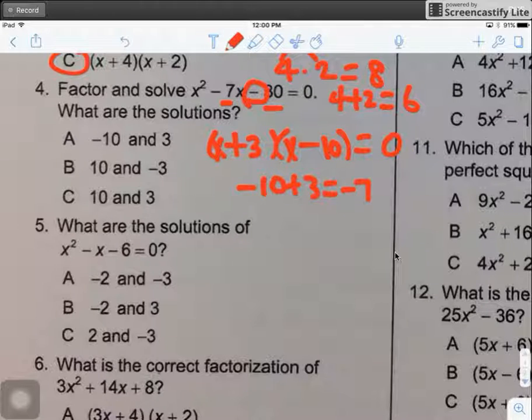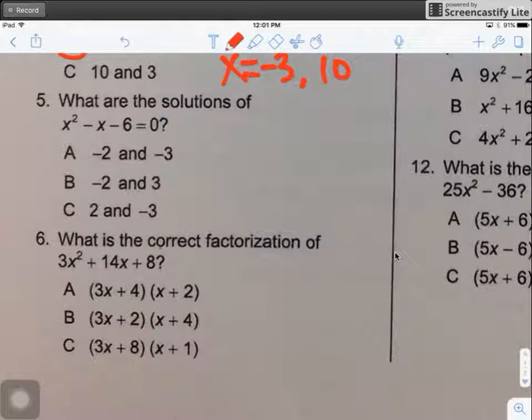So that is the correct factorization. So to get the answer for this expression, we have x is equal to, taking the opposite, negative 3, and the opposite of negative 10 is positive 10. So it looks like 10 and negative 3 are the answers. So that would be B.